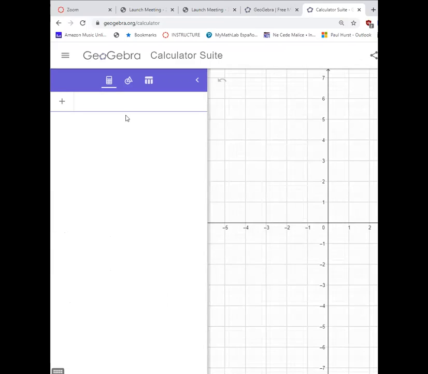So we'll just put in 100 times e to the 0.08. Okay, so that's $108.33. We'll go put that in there.